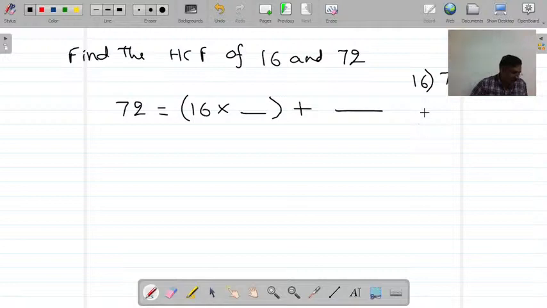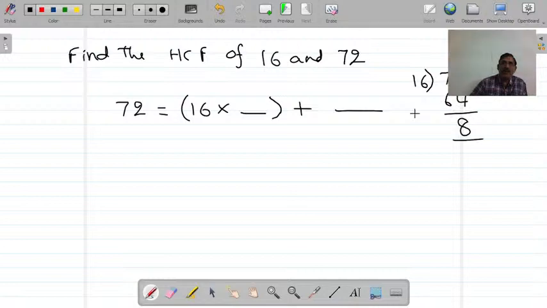Just type q and r values. When you divide 72 by 16, good Vamshi, right? Here when you divide 72 by 16, 4 16s are 64 and you get 8 as the remainder.